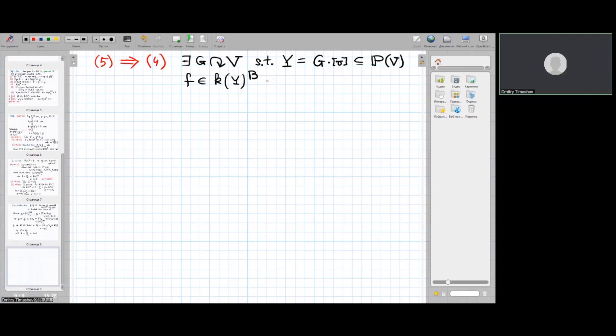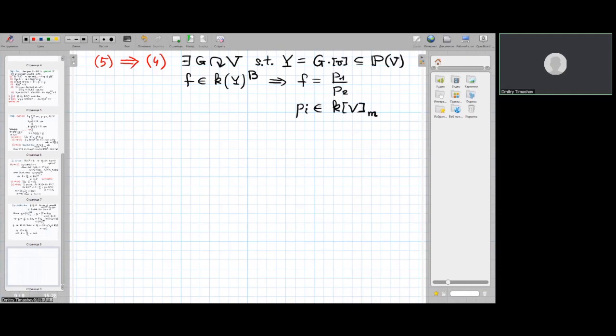This function can be represented as a ratio of two polynomials in projective coordinates, P1 over P2, where these Pi belong to the algebra of polynomials on the vector space V, which are homogeneous of some degree m, one and the same degree m. So the ratio should be of degree 0.